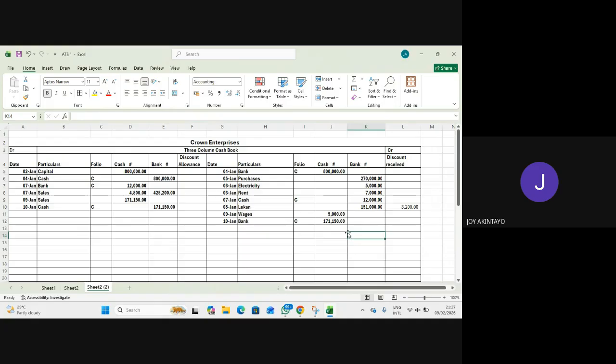Is cash receiving? When you buy something, what do you do? Are you paying cash or you are receiving cash? I need your response. And credit cash account. So we credit the cash account, then we debit.